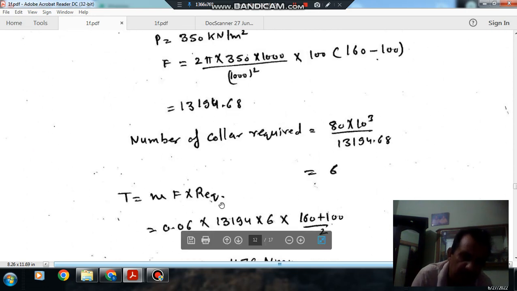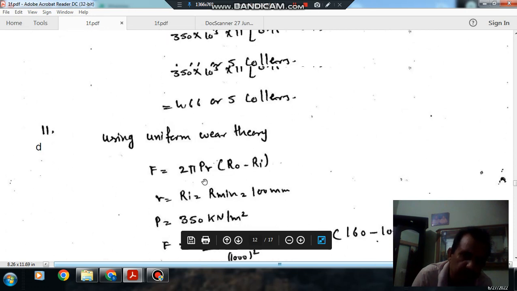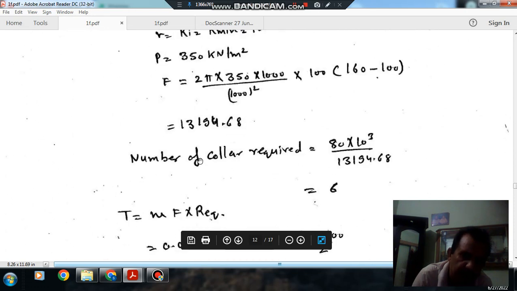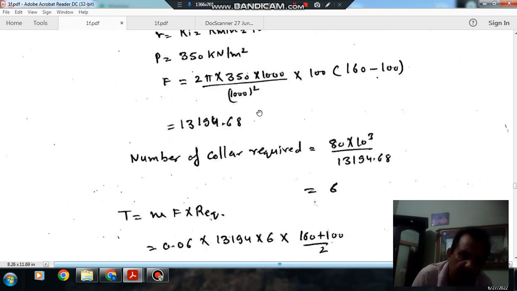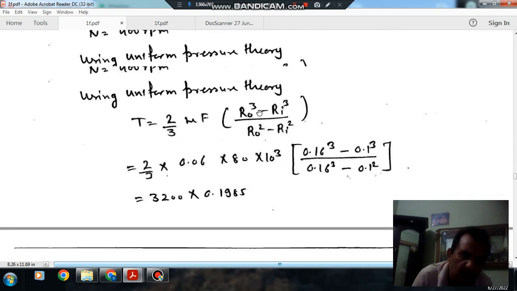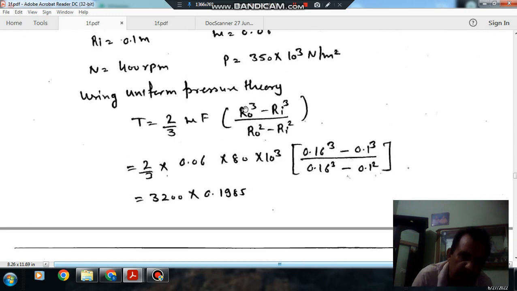And R equivalent in case of uniform wear theory is the mean of the 2 radii, outer and inner radii, and in case of uniform pressure theory is this formula: R naught cube minus Ri cube divided by R naught square minus Ri square, multiplied by 2 by 3.